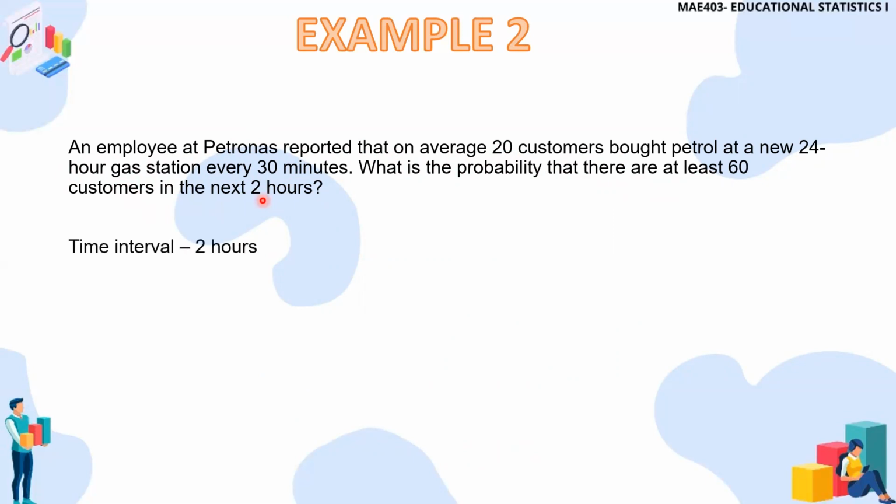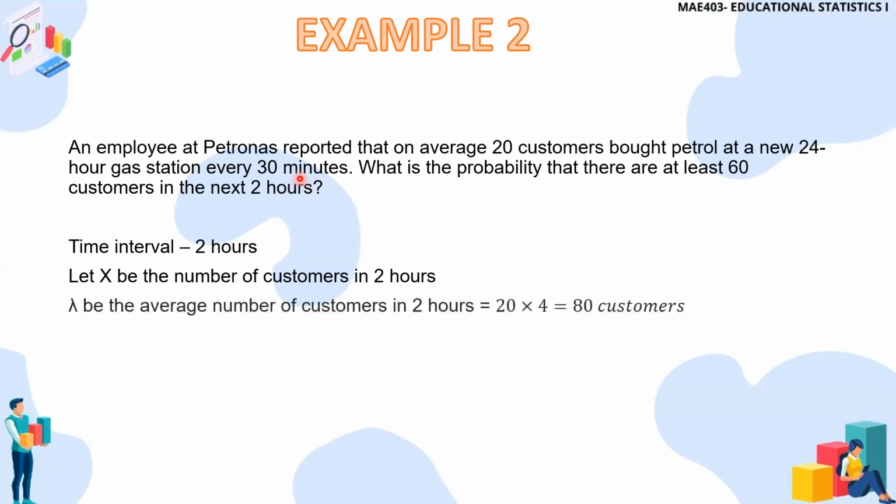Let X be the number of customers in 2 hours. For 30 minutes it is 20, therefore for 2 hours, 20 times 4, because within 2 hours we have four 30-minute intervals. So 20 times 4 is 80 customers in 2 hours.